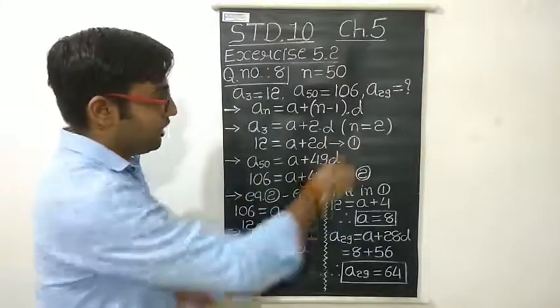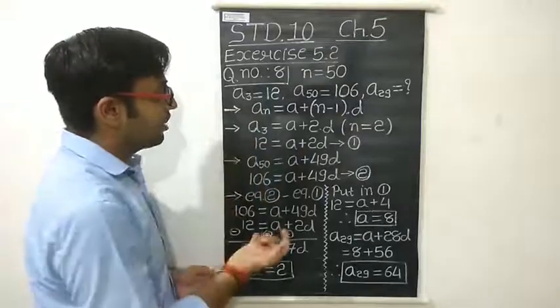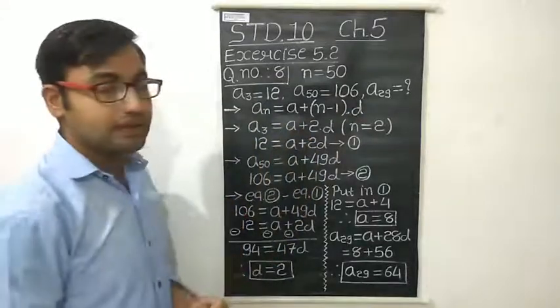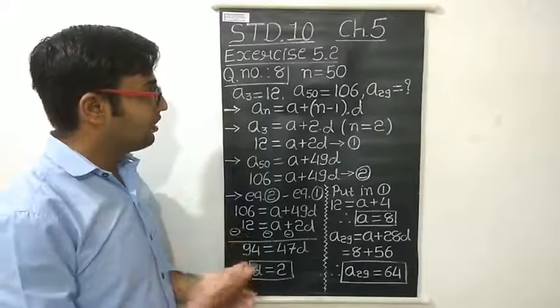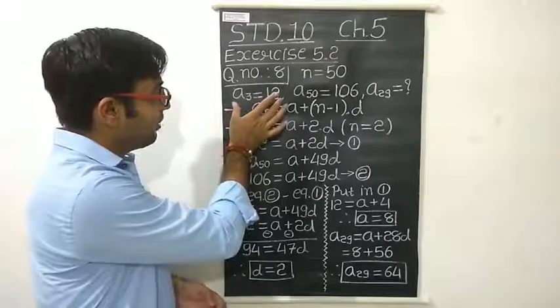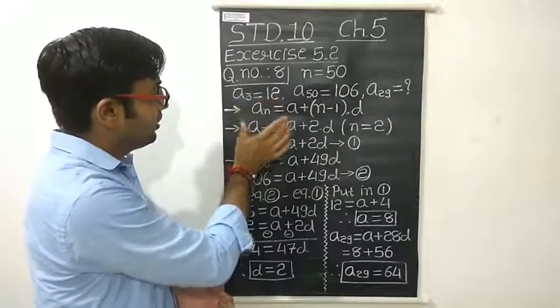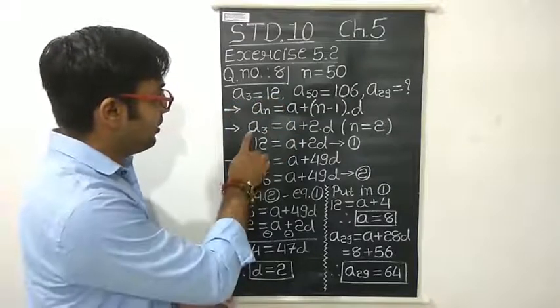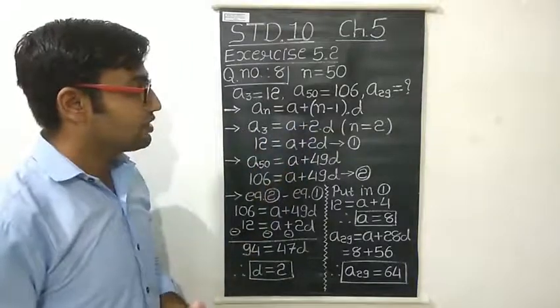Here, to find the 29th term according to the formula, we do not have the values of a and d. So how do we find a and d? We start with whatever is given. We are given the third term, so we apply the formula for the third term. a3 is equal to a plus (n minus 1) into d.